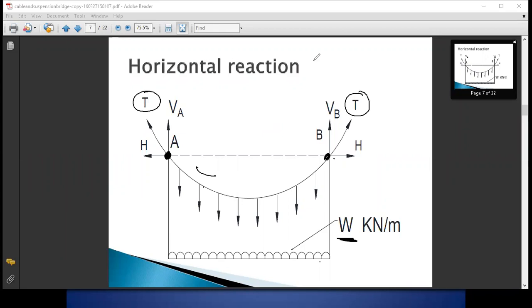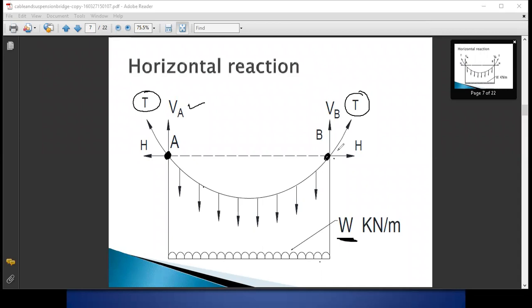If we resolve this tensile force into two components, vertical and horizontal, suppose T, that is tension, is inclined. So we have to resolve this into horizontal and vertical components. Okay, so w is nothing but the UDL on the deck slab, and these are the suspenders, vertical suspenders which will carry the loads, right?